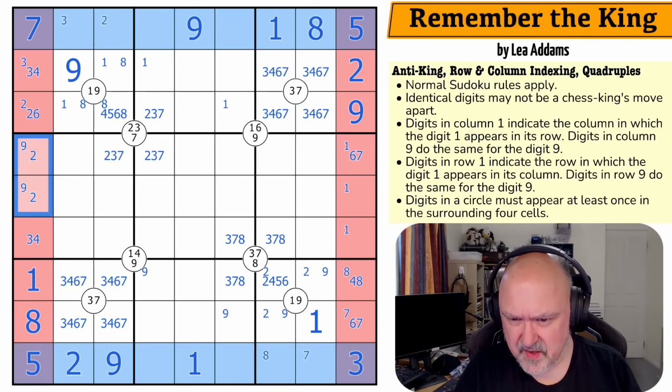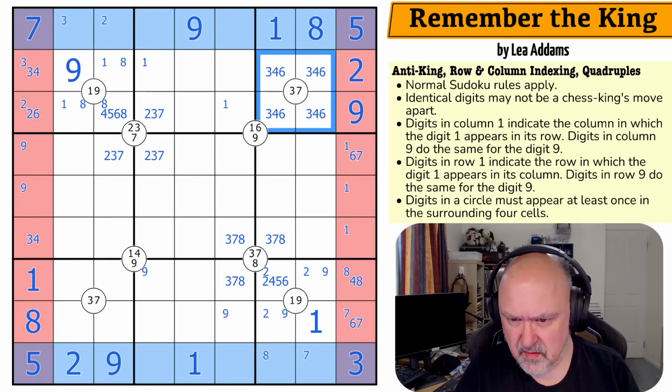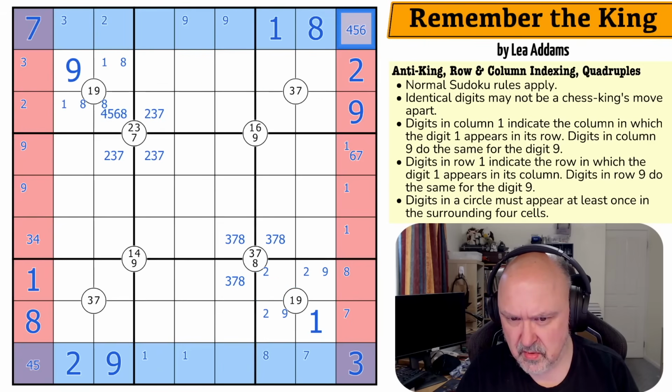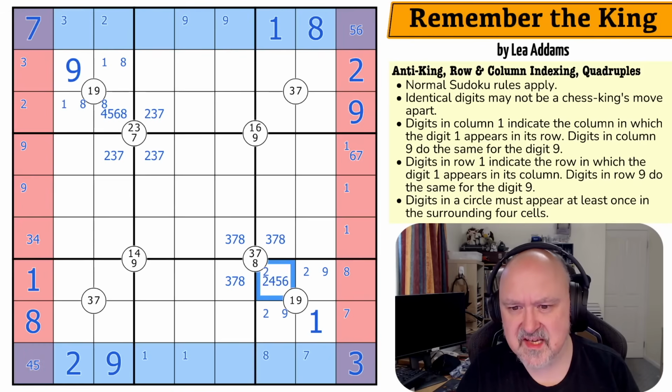I got the 3, 4 and the 6, 7 somehow ages ago. Because of this quadruple? Yes. Because they're indexing 9s.